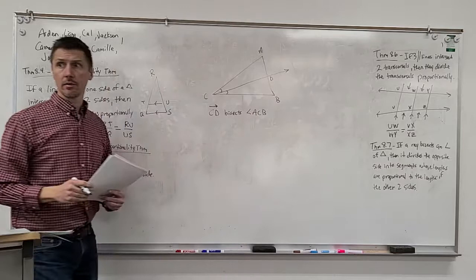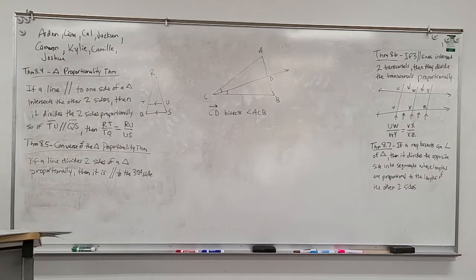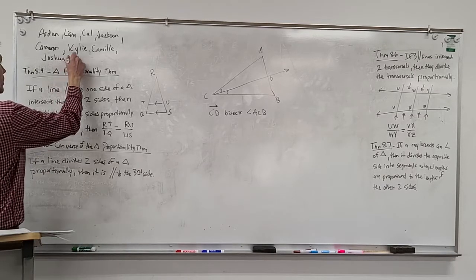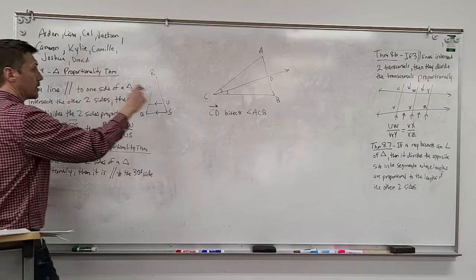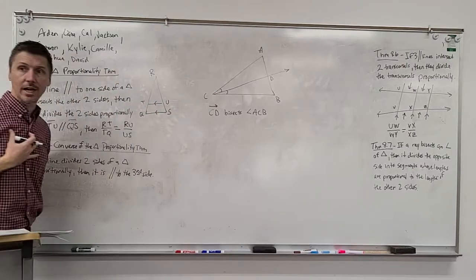How do I know that? If I were to just draw this figure on a test or a quiz, how would you know that it bisects ACB? Because those 2 angles are the same. So we know it's a bisector because it split that angle exactly in 2.